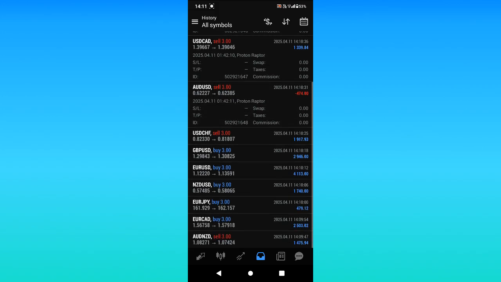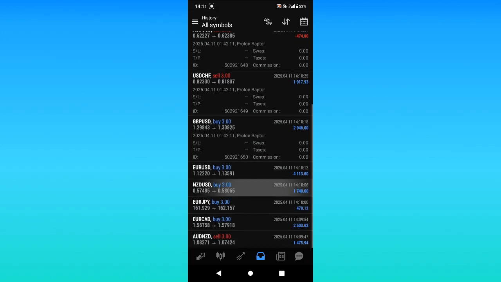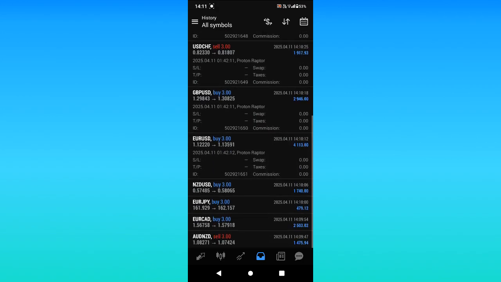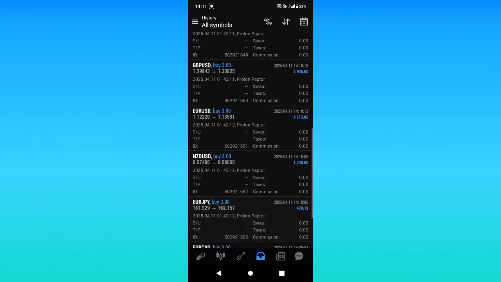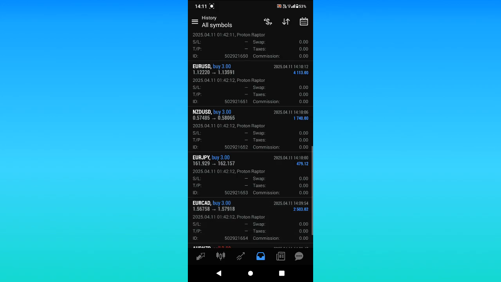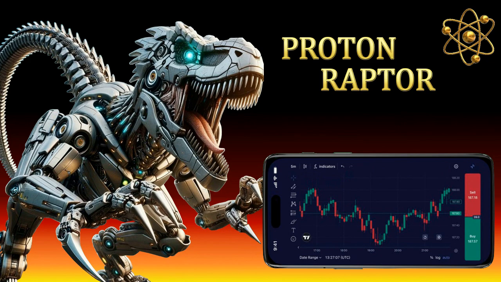These are all the trades. Again, as you can see, they were executed by the Raptor. This is truly one of the most effective expert advisors you will ever come across.